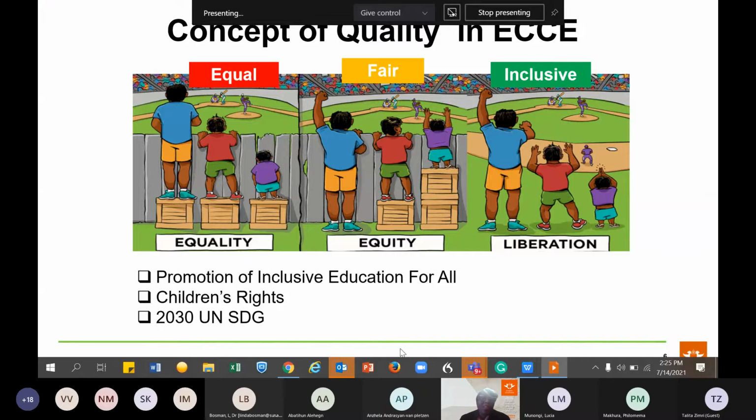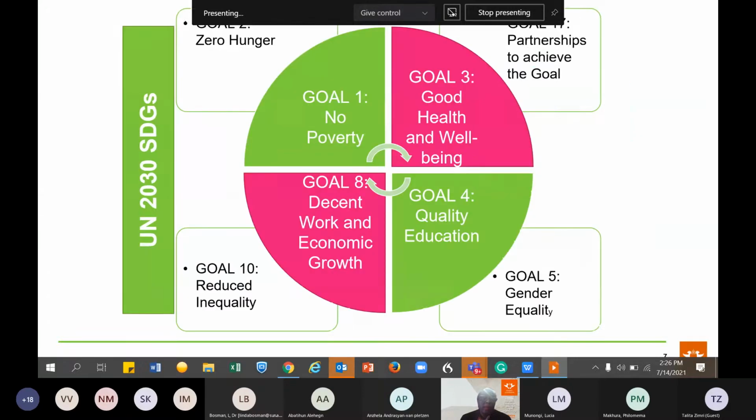This will then be promoting the whole concept of inclusive education for all, promoting the children's rights that are enshrined in our constitutions, and working towards the 2030 United Nations Sustainable Development Goals. Talking about the UN 2030 Sustainable Development Goals, unless we ensure that we've got quality early childhood education in the country and even globally, we will never reach the goals that are set for us in the SDGs.